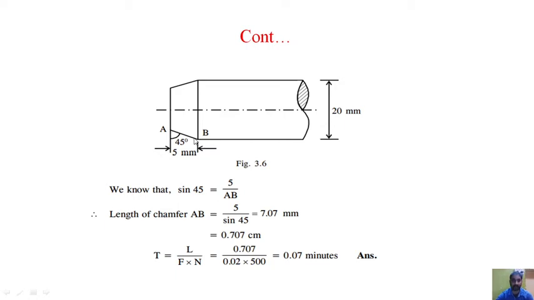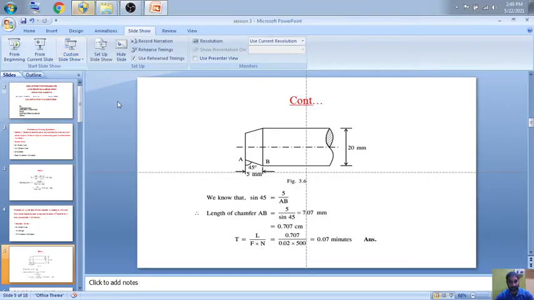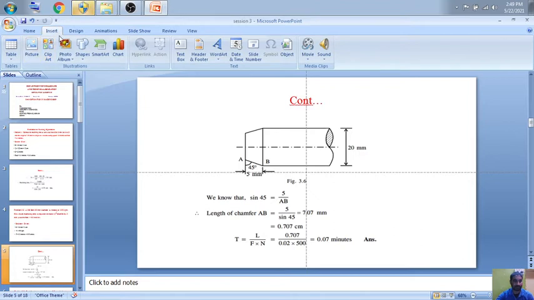So AB is the hypotenuse. The hypotenuse is always greater than the adjacent side. If you make a triangle here, it will become ABC.